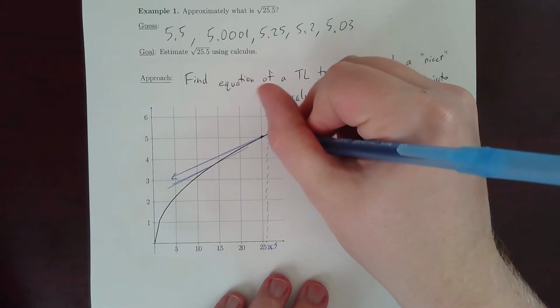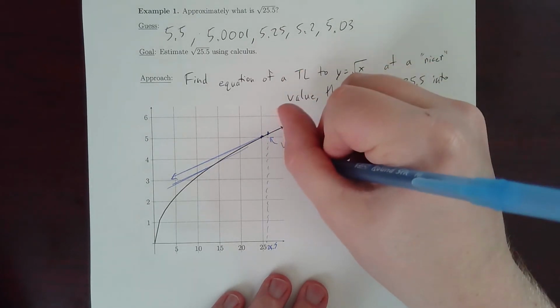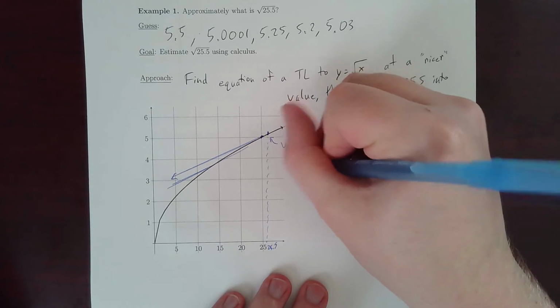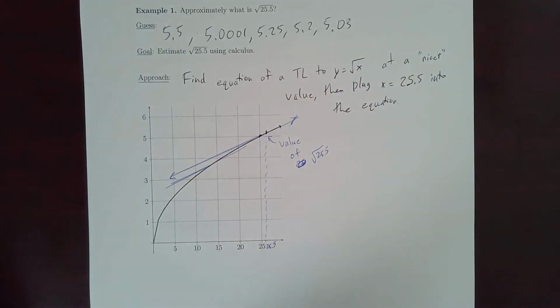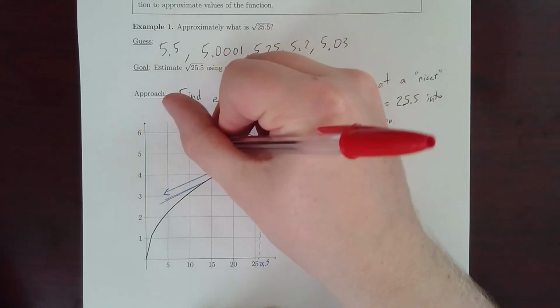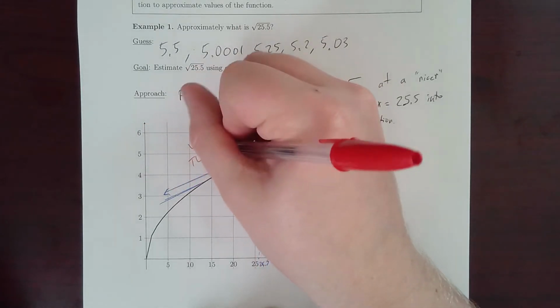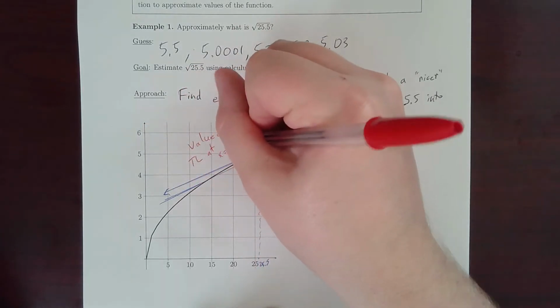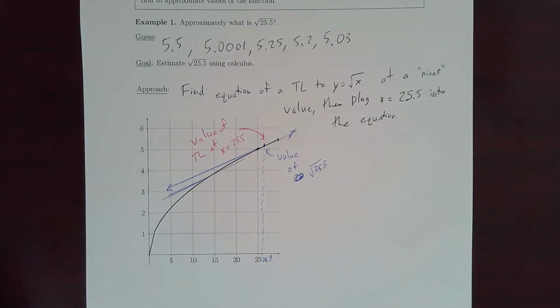So on one hand, we'll have the square root of 25.5, but we'll also have on our line the value of the tangent line at x equals 25.5. And these should be relatively close to each other.